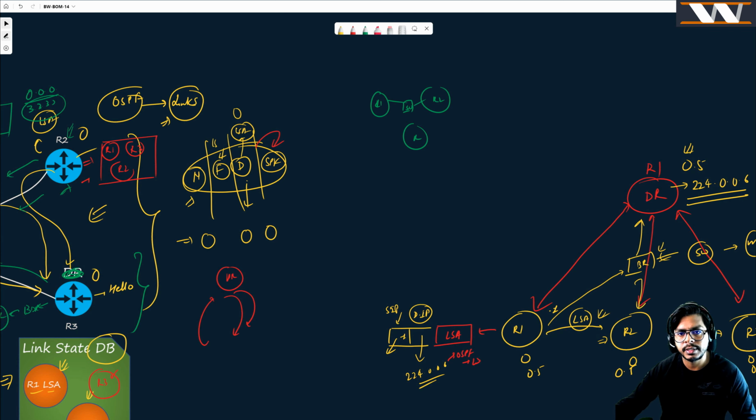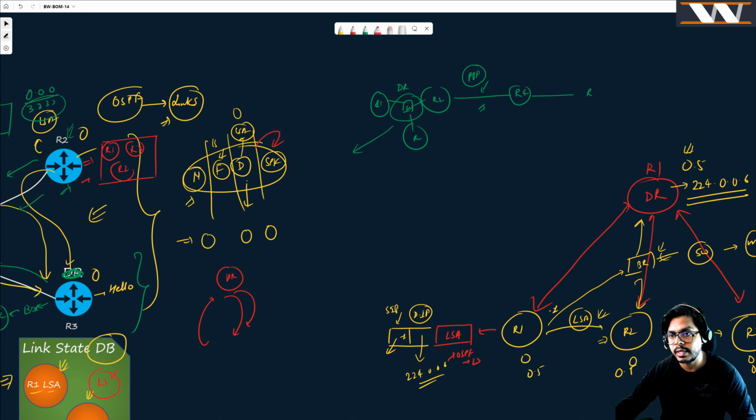But if you have R4 here, and this is the WAN link, which is point to point, then of course we have a DR-BDR election here because we want to improve the efficiency of the OSPF flooding process. That is why we are selecting a DR here, but not there. But try to understand, if this link is not a point-to-point link, right?